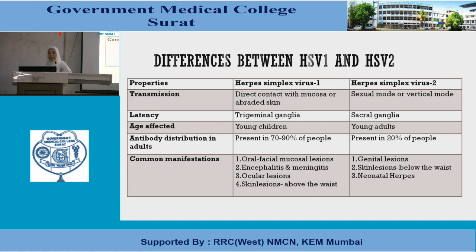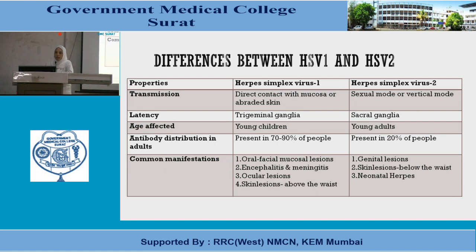It can even cause encephalitis and meningitis. So especially in newborns and children, when they have meningitis or encephalitis, one of the parameters you need to rule out is herpes simplex 1. They cause ocular lesions, as I was already mentioning. They can even cause skin lesions above the waist. Now looking at herpes simplex 2, they cause genital lesions, skin lesions below the waist.